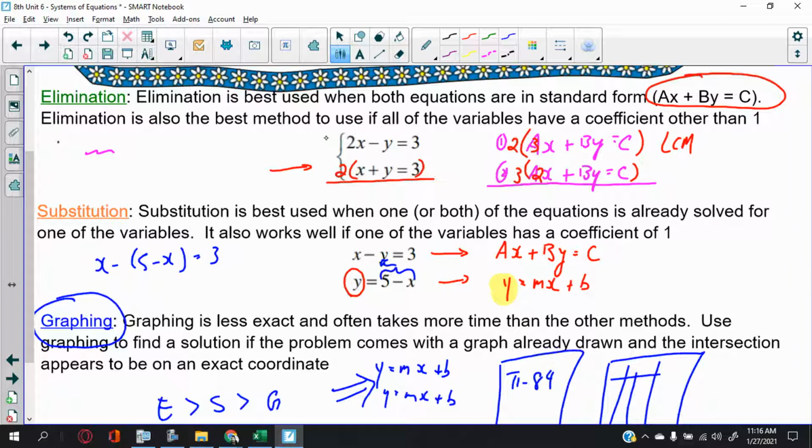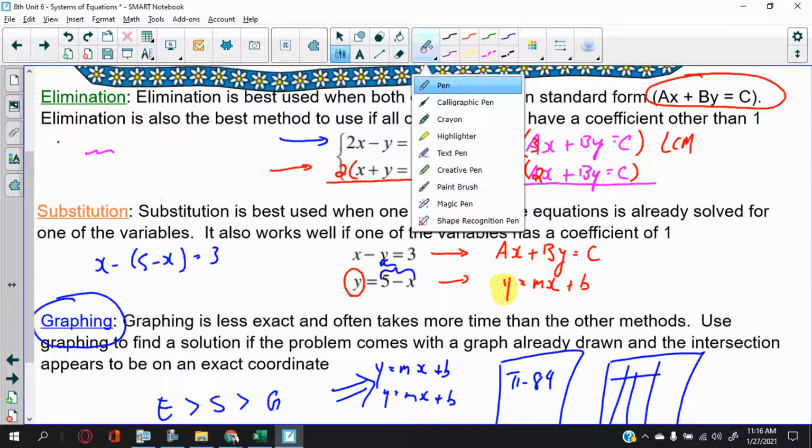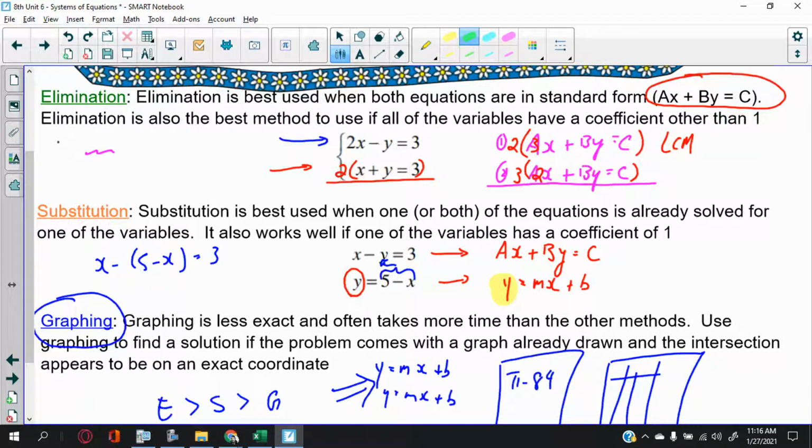So imagine trying to do substitution with this: you have to isolate one of the variables, then substitute, and then solve. That's why elimination works best, because sometimes it's just so obvious. Look here, you can just combine them and cancel out the negative y with the positive y. So that's why this is highly encouraged.